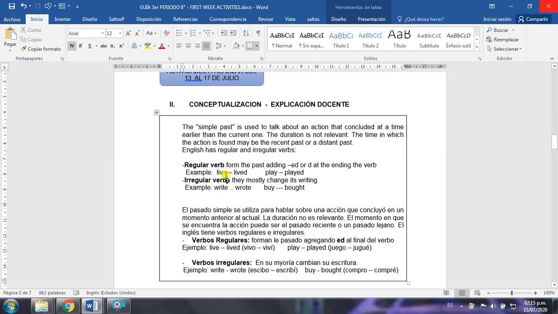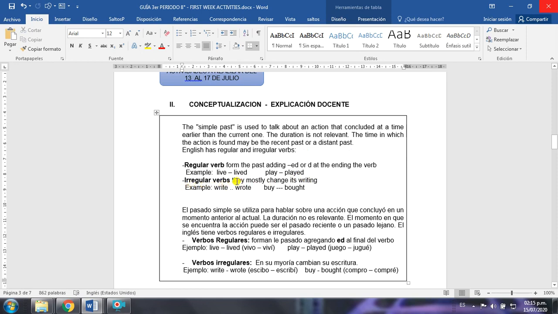Como este verbo termina en e, no le vamos a duplicar la e, sino que simplemente le agregamos la d al ser conjugado en el tiempo pasado. Otro es el caso del verbo play. Play. A este verbo le agregamos ed. ¿Ok? Continuamos con los verbos irregulares.